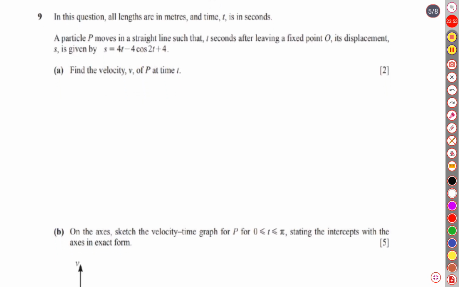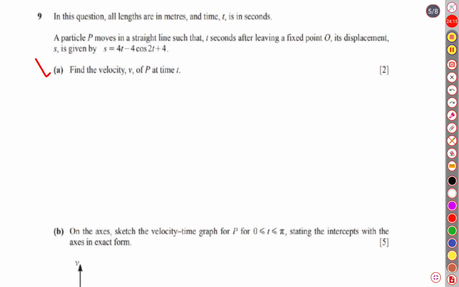Let's start reading the question. In this question, all lengths are in meters and time t is in seconds. A particle P moves in a straight line such that t seconds after leaving a fixed point O, its displacement is s, which is given by s equals 4t minus 4 cos 2t plus 4.